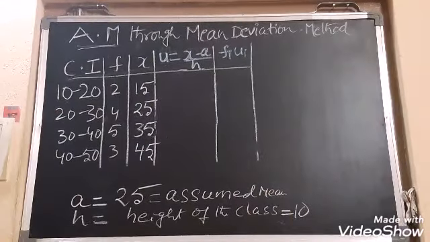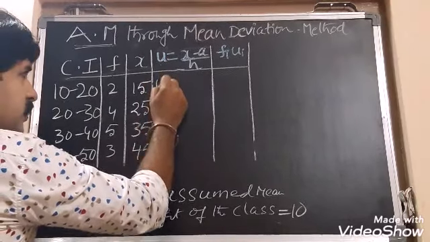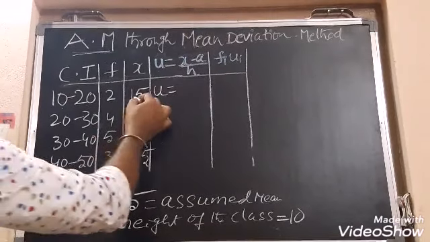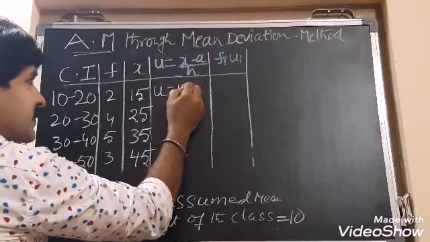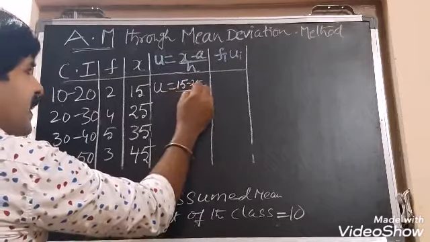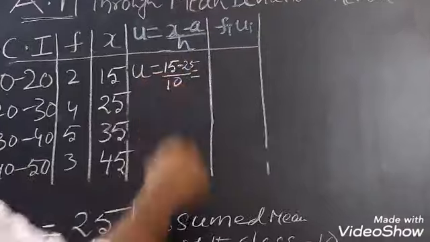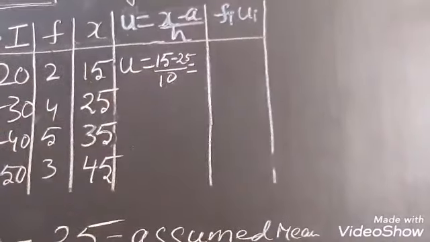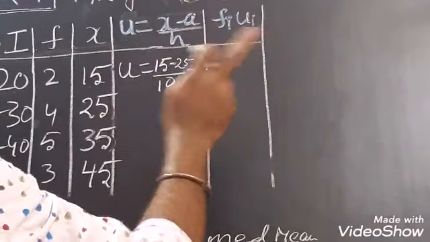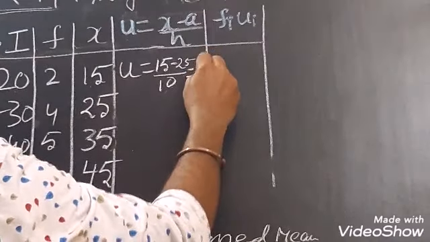Is it not? Here you see, for every value of u, what do we write? u is equal to x minus a by h. What is x here? 15. 15 minus the assumed mean 25, by 10. Now from the next value onwards, you directly put the value here. 15 minus 25 is minus 10, by 10. What is the value? Minus 1.